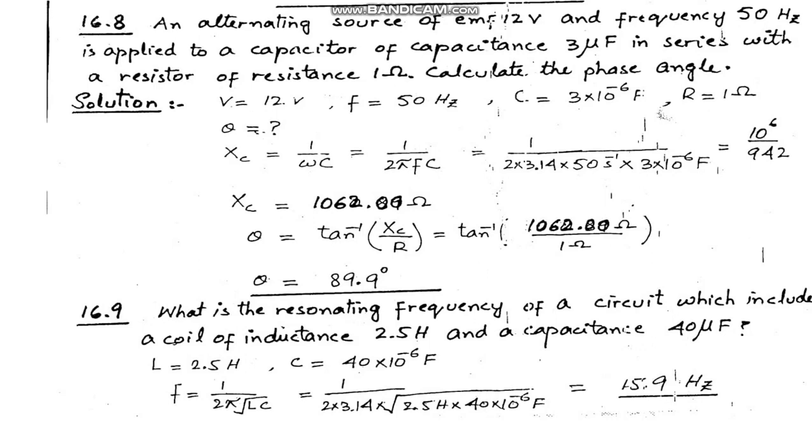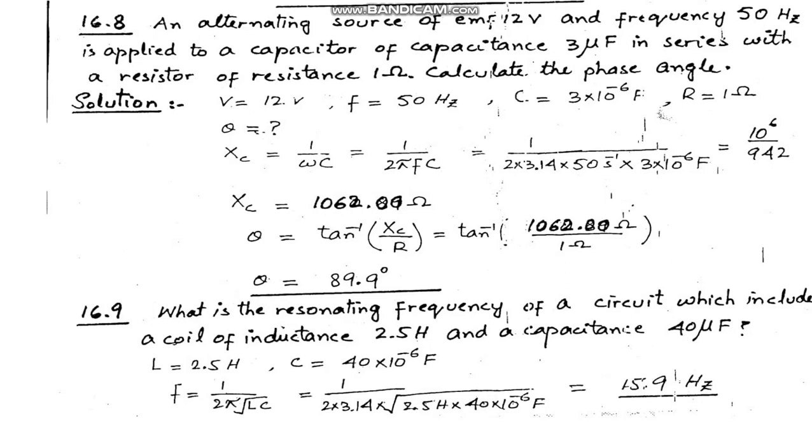Solution: V is equal to 12 volt, that's given in the question. Frequency F is equal to 50 Hz. Capacitance C is equal to 3 multiplied 10 to the power negative 6 farad, that's also given in the question, and resistance R is equal to 1 ohm. We require the phase angle. First we solve capacitive reactance: Xc is equal to 1 over omega C, so that is equal to 1 over 2 pi Fc.